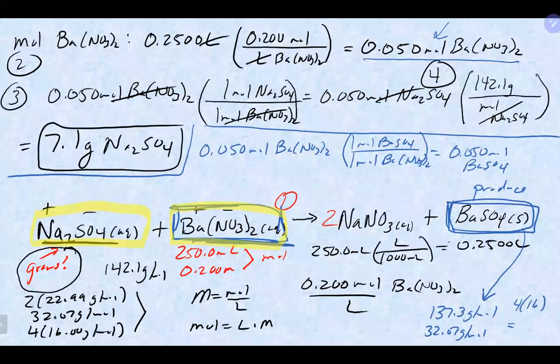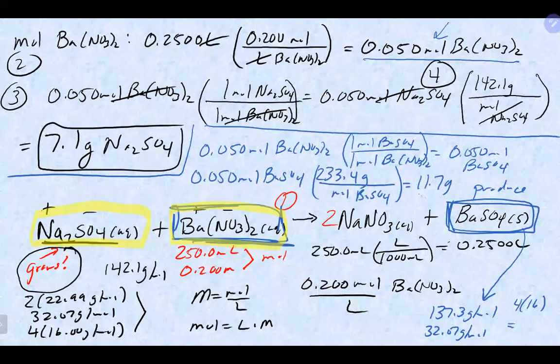So the molar mass of barium sulfate in this case, 137.3 plus 32.07 plus 4 times 16, is 233.4. So we would take our barium sulfate moles times the molar mass of 233.4 grams per mole from the periodic table. And that would tell us that we would end up with about 11.7 grams of barium sulfate, which would be our theoretical yield in grams in this case.